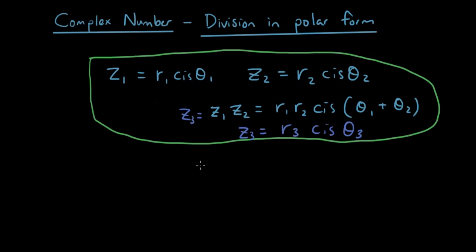Okay, now if we want to go back and find Z1, what we would do is we would go Z3 divided by Z2, right? Because Z3 comes from Z1 times Z2. So if we want to go backwards to find Z1, we would have to go Z3 divided by Z2.